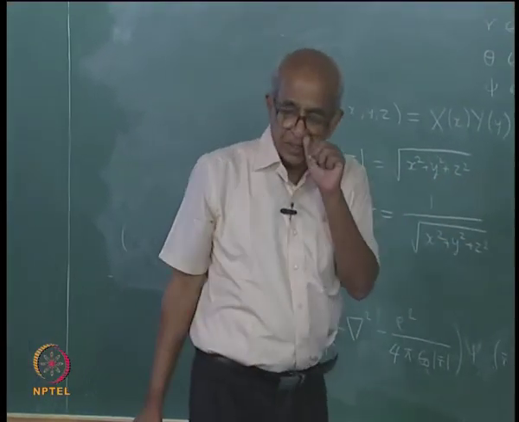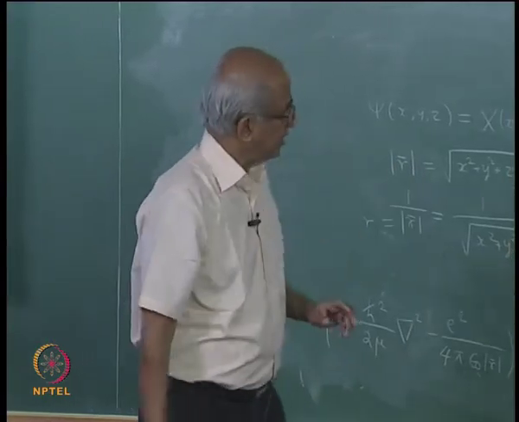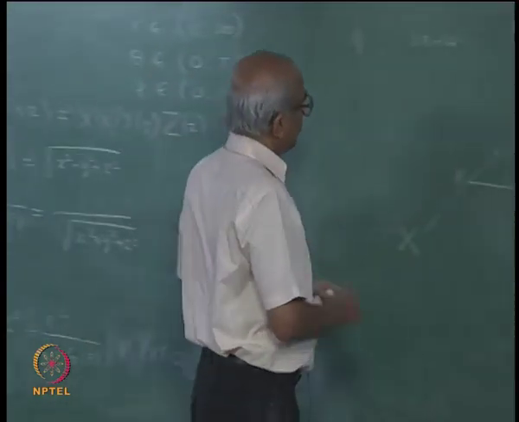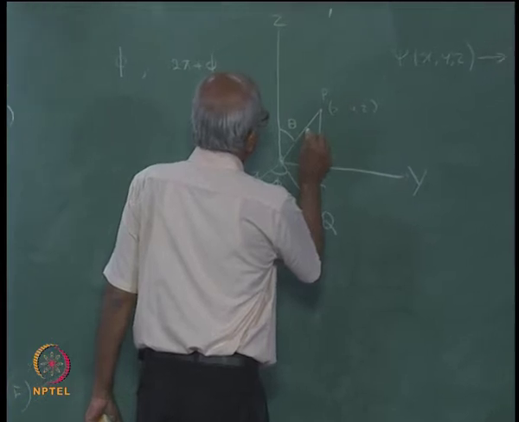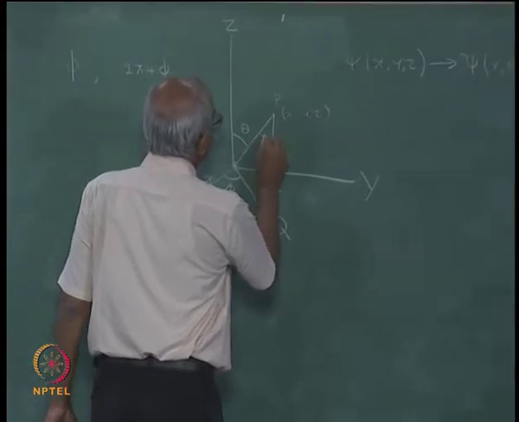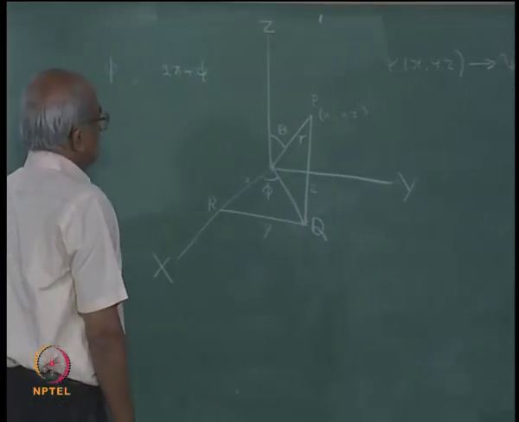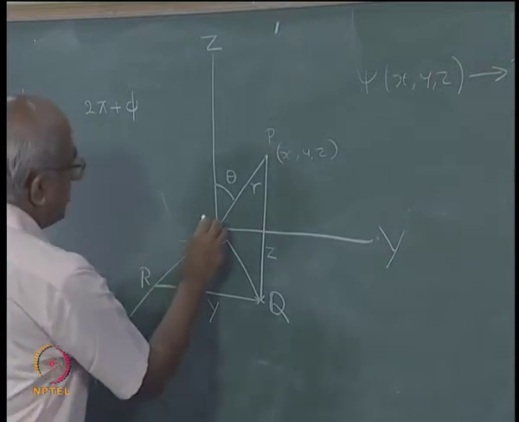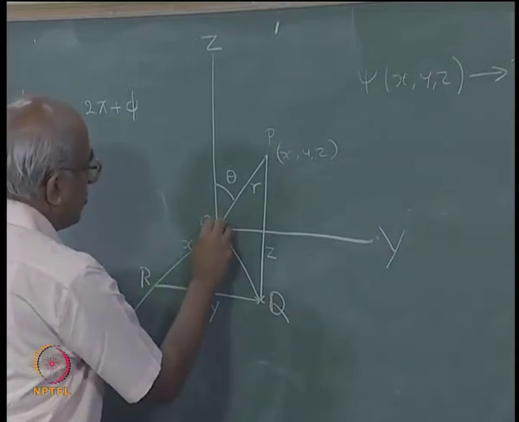Right. This is how the point is, and I have also shown all the coordinates. This is R, and the origin, as I had been telling you, is denoted by the symbol O.